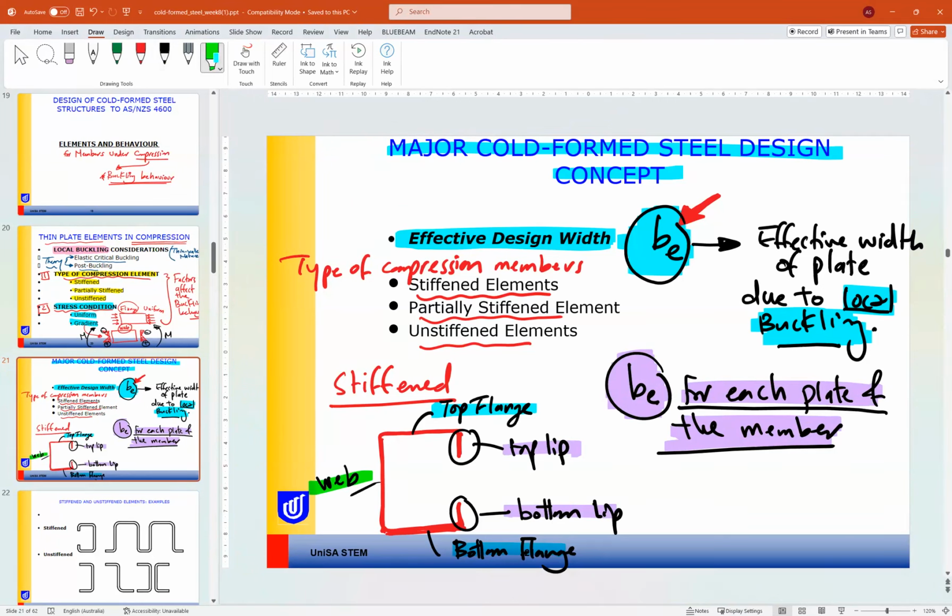Are all of them the same condition as plates? What do you think, if they are under bending moment? Will all of them have the same behavior under buckling?